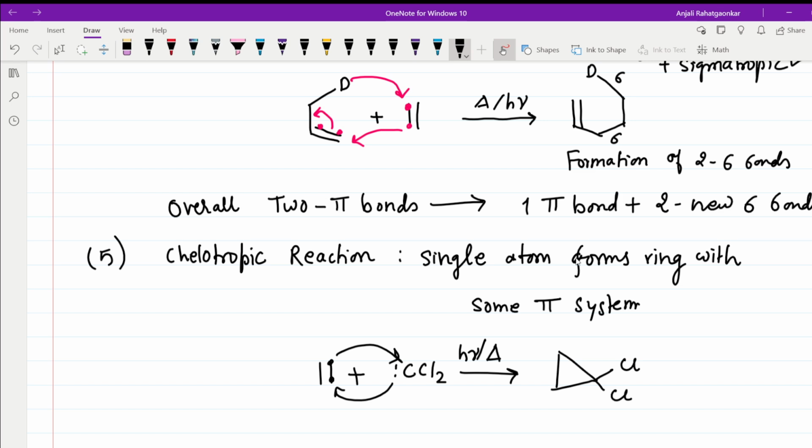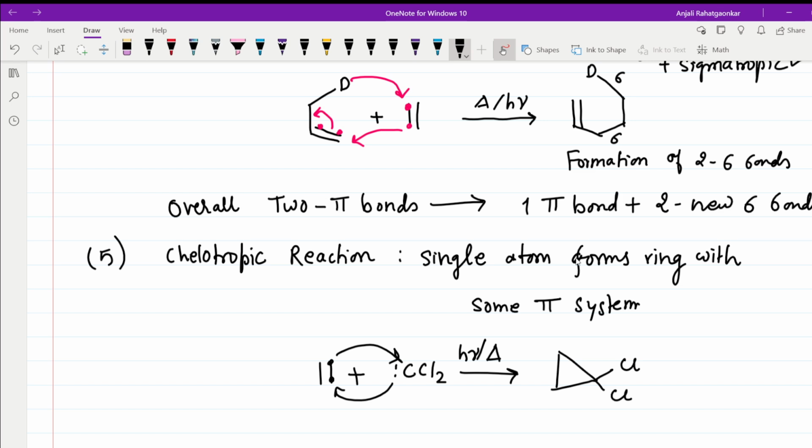The reactions also take place thermally and photochemically, and as I told you, the thermally induced reaction will only give you an increase in energy, and the electrons will stay in the bonding orbitals. Only the energy will be increased and the reaction takes place, whereas in the photochemically induced reaction, the reaction takes place via excitation of the electrons from the singlet to triplet state.